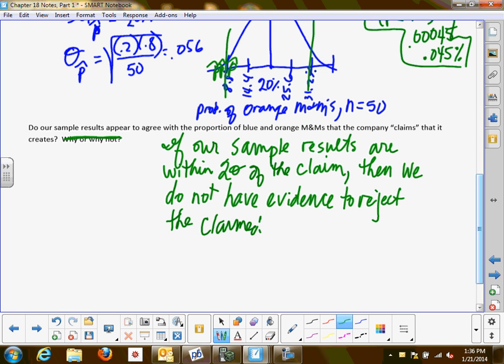And this language may sound a little strange, but it's leading into some of the language that we use later when we do chapters 19 through 22.